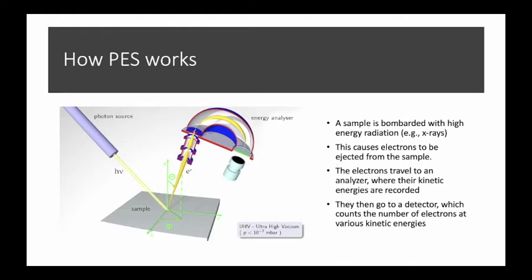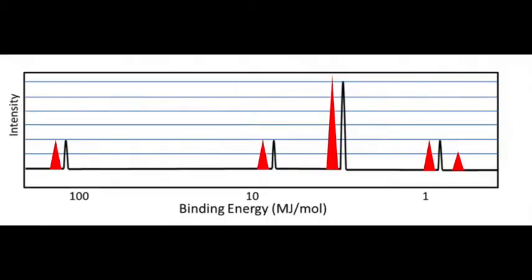One of the terms you need to be familiar with as we look at photoelectron spectroscopy is binding energy. The binding energy is the energy required to move or eject an electron. If you take a look at this photoelectron spectrum, you will see that binding energy is on the x-axis, and you'll see how this works in a moment.